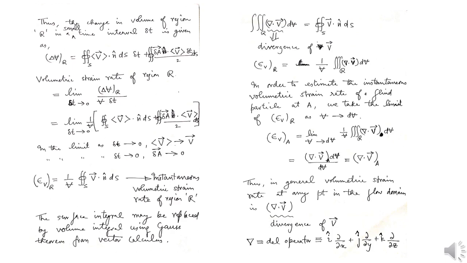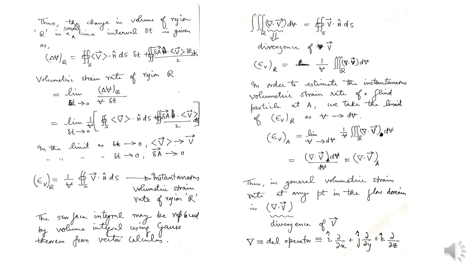What is the limit if the volume that I start with initially is actually infinitesimal? That means it is actually the point itself, the point A. So in order to estimate the instantaneous volumetric strain rate of a fluid particle at A, we take the limit of epsilon VR as V becomes infinitesimal.